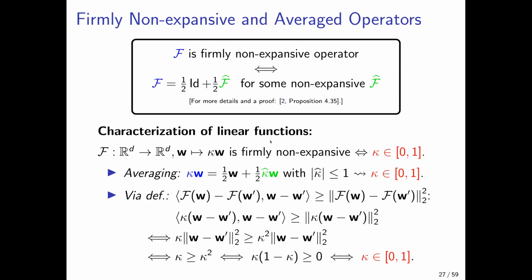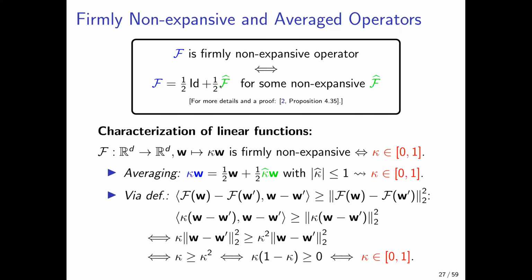So there is a very nice formal characterization of firmly non-expansive operators, which tells us that every firmly non-expansive operator can be written as 1/2 of the identity plus 1/2 of some non-expansive operator. So you can look at this 1/2 of the identity plus 1/2 of this f-hat in green here.